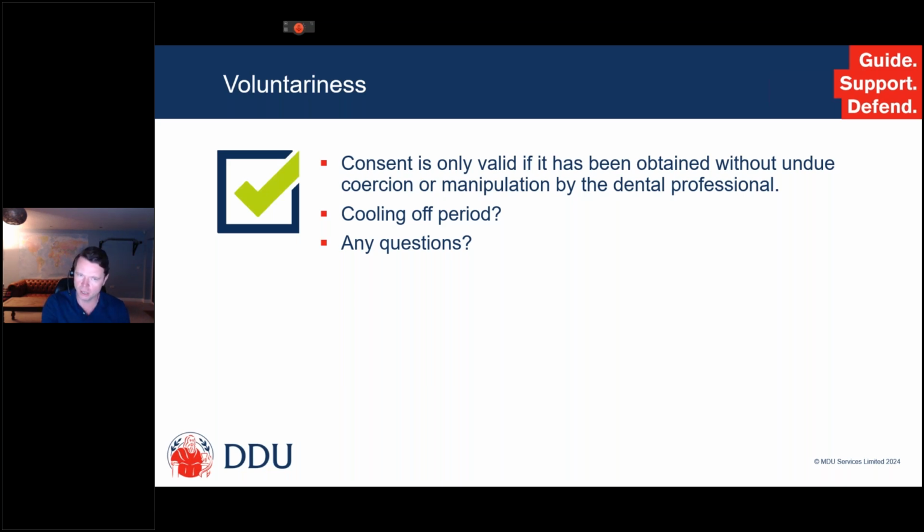And certainly asking the patients if they have any questions, and documenting that you've done so in the notes, can be very helpful when it comes to defending concerns or allegations about the consent process, because it helps demonstrate that you've tailored the consent process to that individual patient, which is a key thing to do.